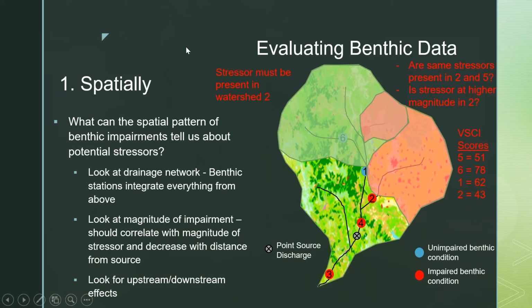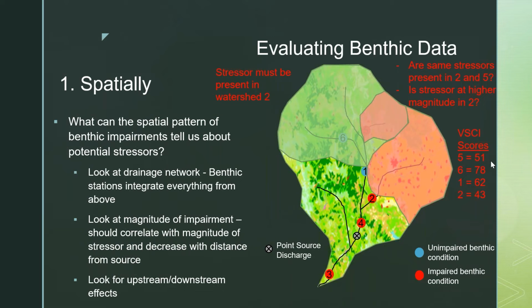Now, if we look at station 2, now we have another impaired station here, which also means that the stressor has to be found within this subwatershed. And how does that stressor compare with the stressor at station 5? At station 5, do we have higher or lower Visky scores than at station 2? In this particular example, the scores at station 2 are even lower than they were at station 5.